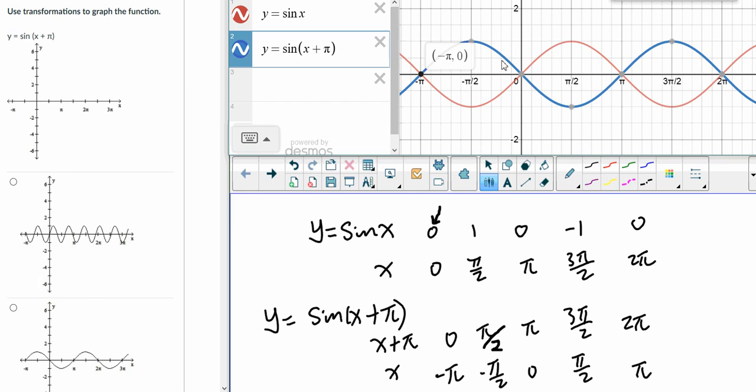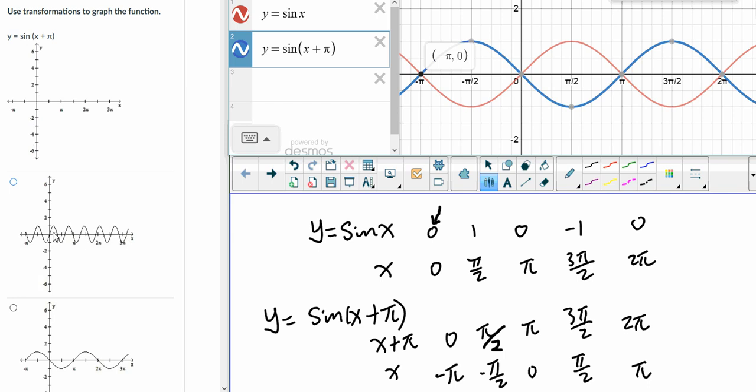So based on our explanation here, the graph will be like this. That's the same as the blue one right here. This one changed the period, so that's not correct.